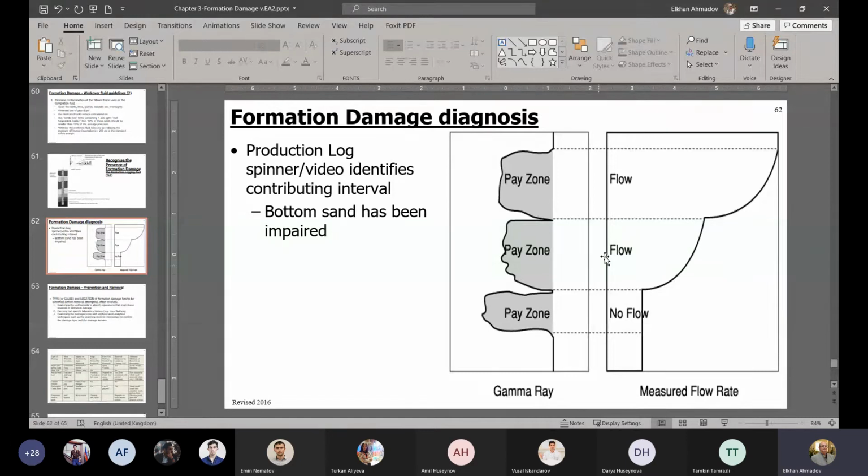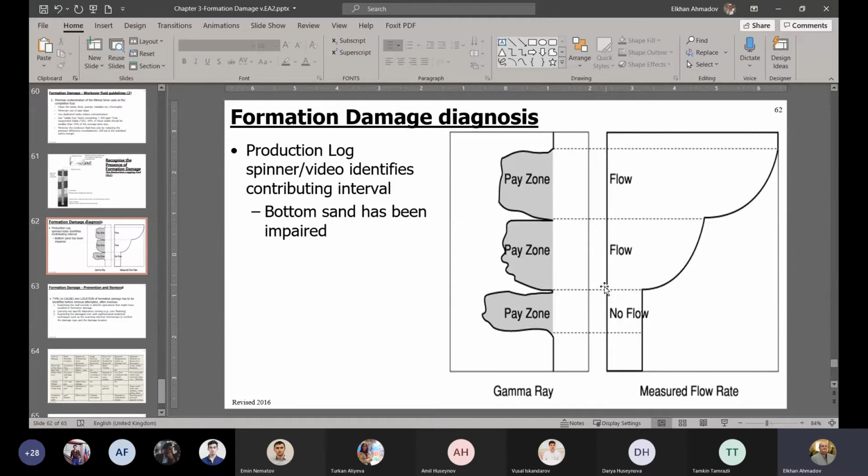But I think we can think about that for a more detailed answer. The principal thing is that when we get through the flowing zone, the spinner velocity will change.